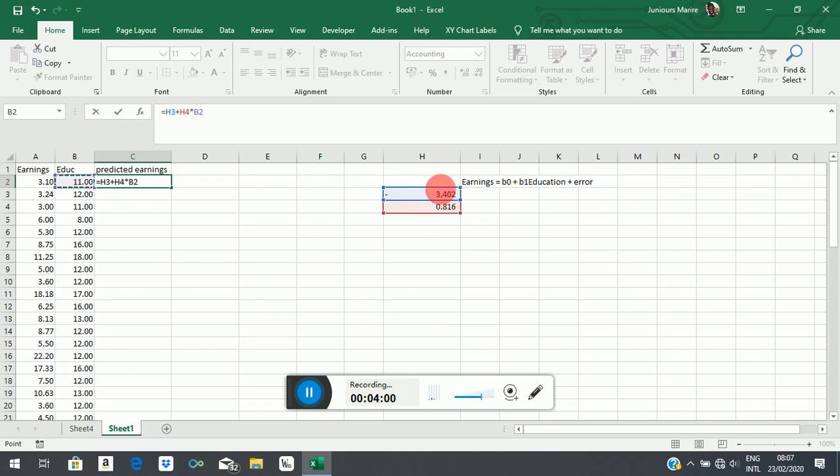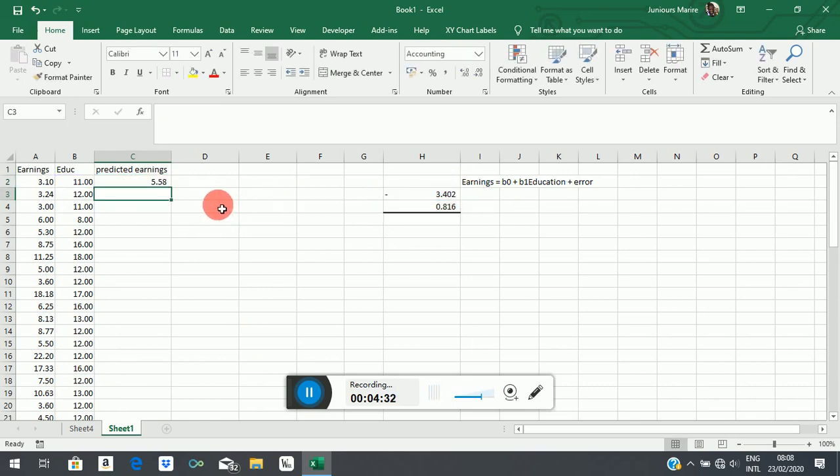Because we will use these same two values for all the observations, we have to fix them. The dollar sign is used to fix values, because if you don't do that, it will end up calculating using blank cells below them. So every time we go down, it will still pick these two values and multiply by the respective value of x, the value of education. Then you say okay.